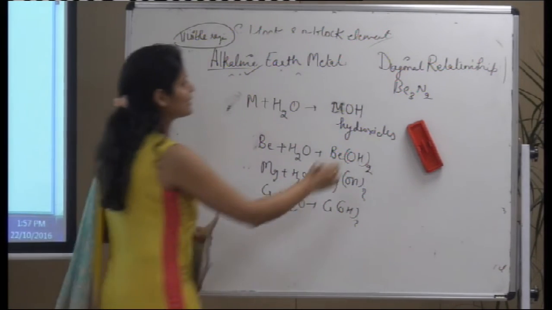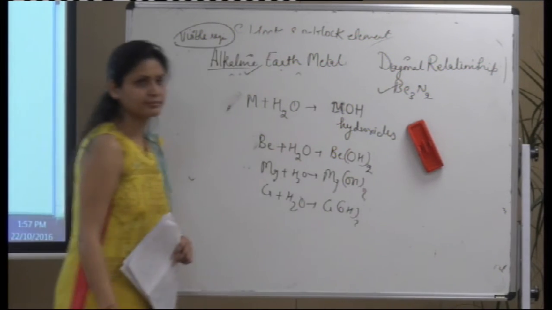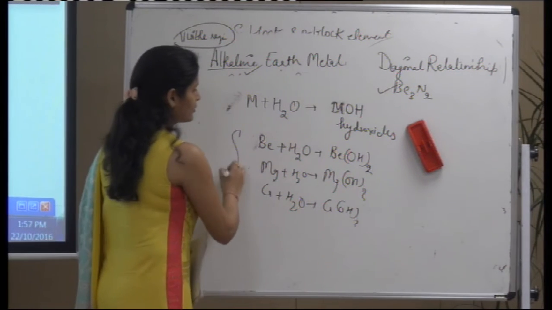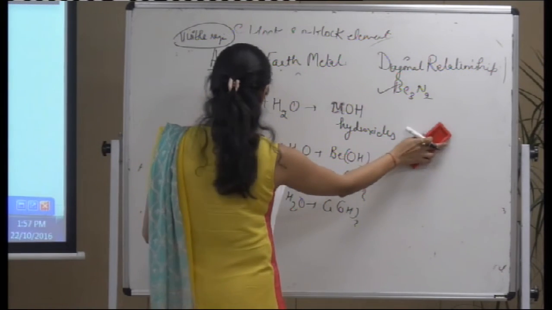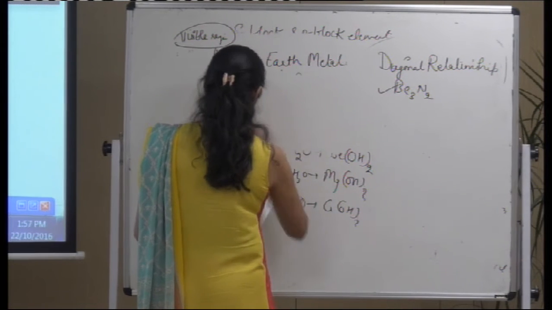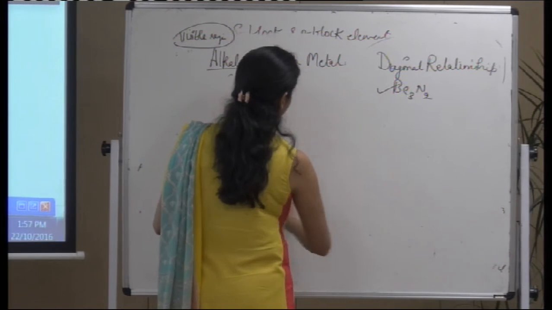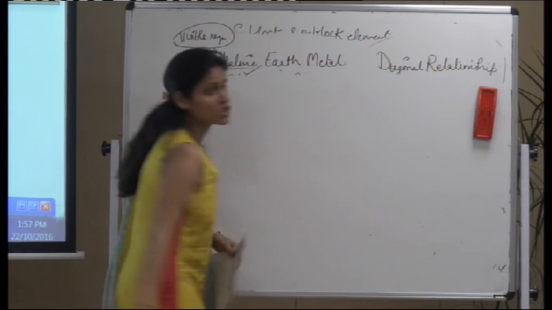This is beryllium nitride. What is diagonal relationship?